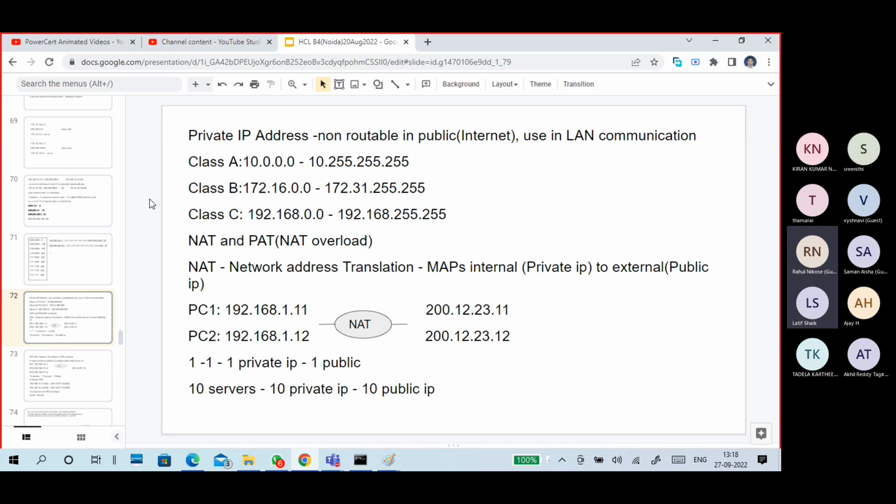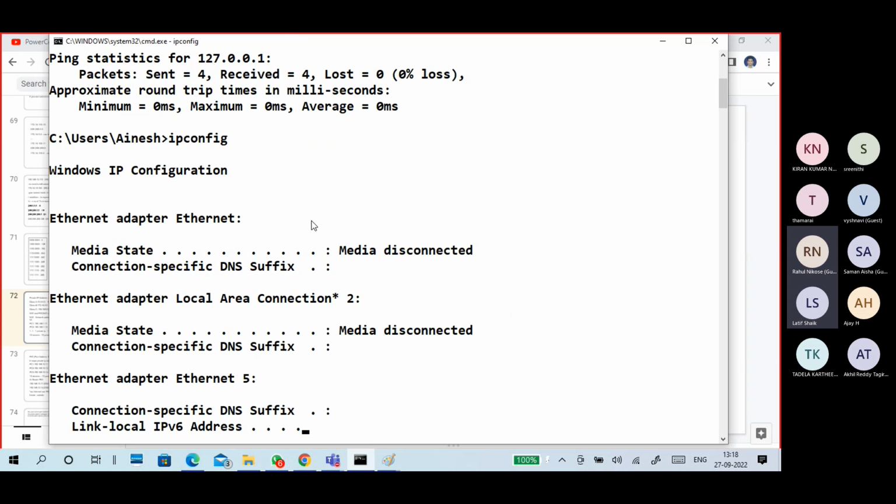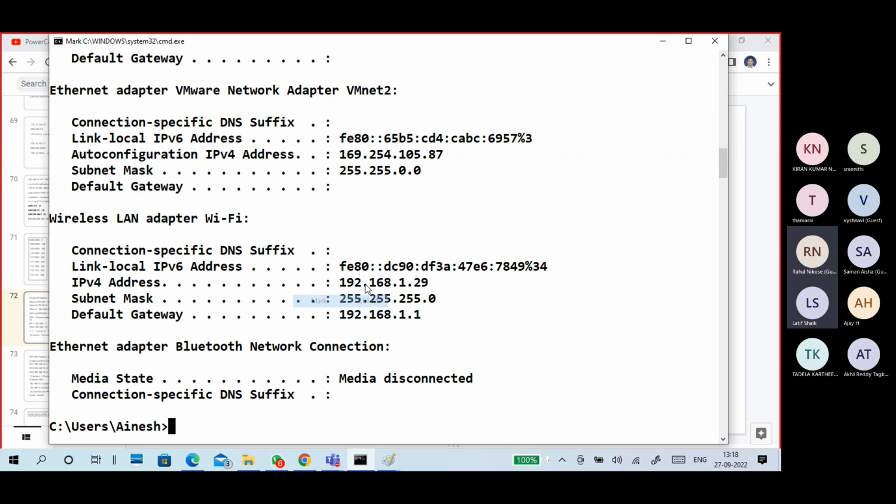Private IP addresses are non-routable IP addresses. Non-routable means, I have an IP address, right? How do I check it?